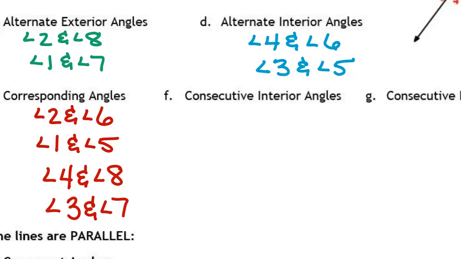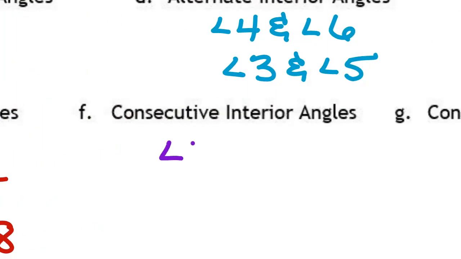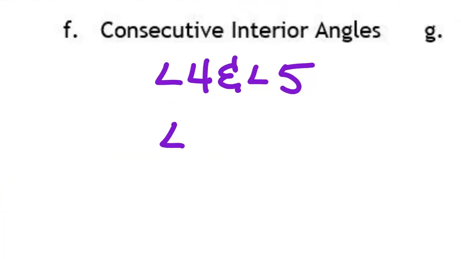Same side, consecutive interior angles. 4 and 5, yes. Angle 4 and angle 5. They're both in between the lines, and they're below the transversal. What's the other pair of consecutive interiors? 3 and 6.